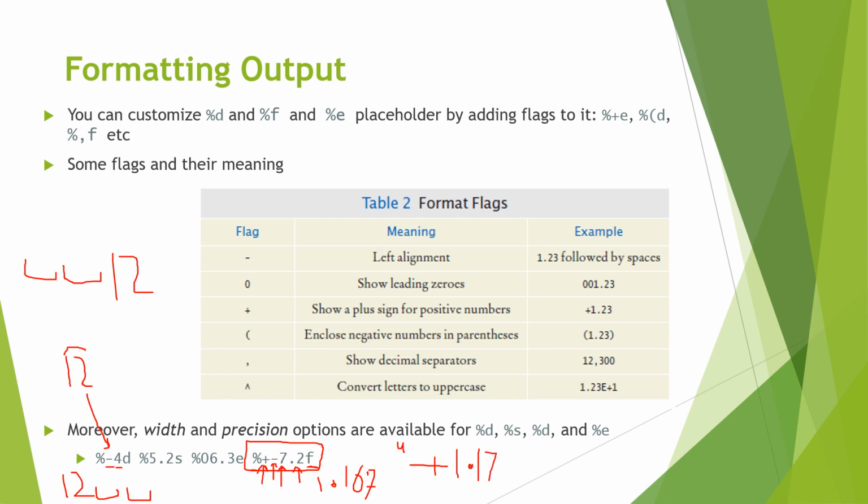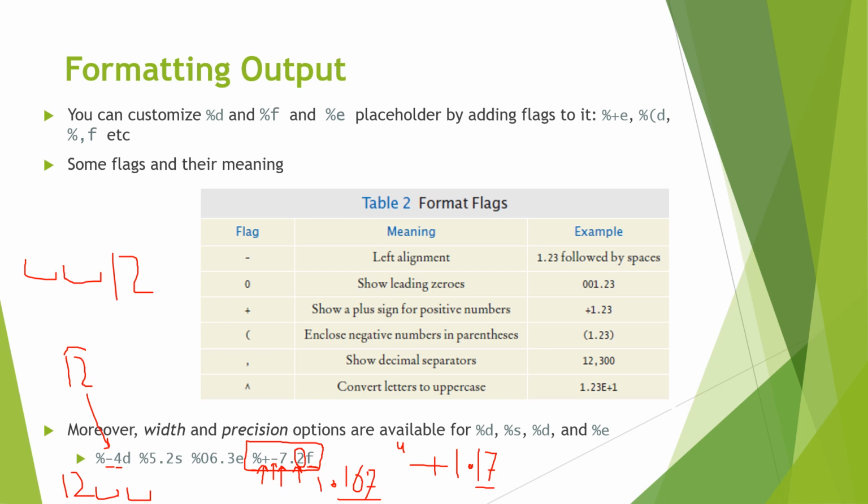You may say, why did you convert 6 to 7? Because we need to have 2 digits of precision, and I have 3 digits here, so I need to round it to the closest 2-digit number, which is going to be 17. Because the third digit is 7, you need to round it up. If it was 5, 6, 8, or 9, you still have to round it up. But if the third digit was 0, 1, 2, 3, 4, then you need to round it down.